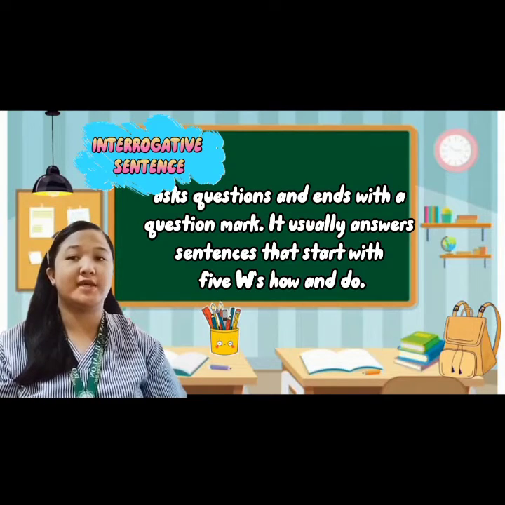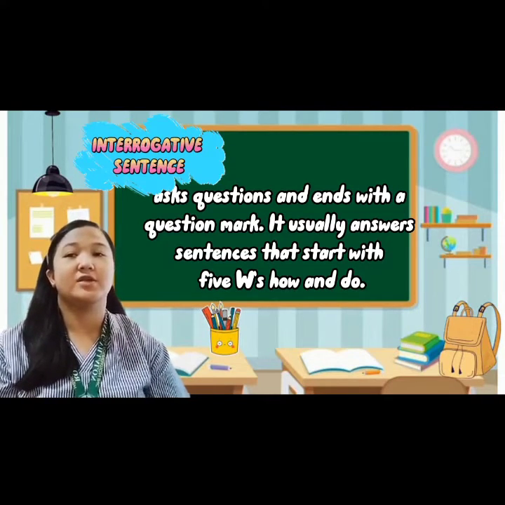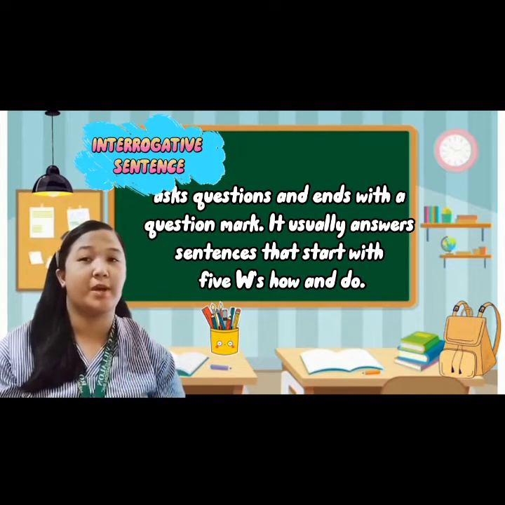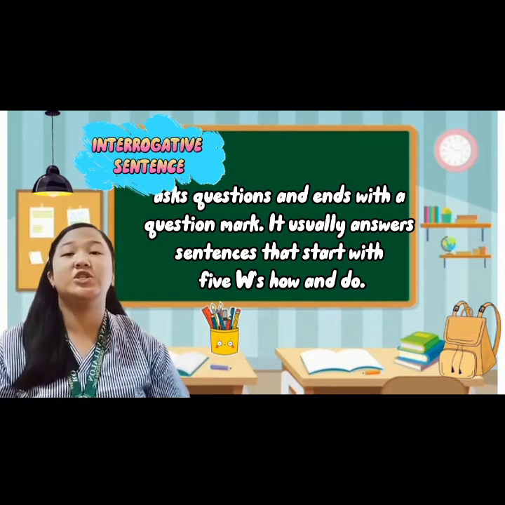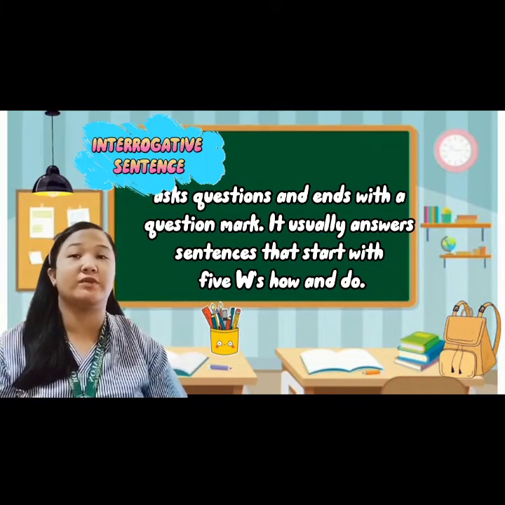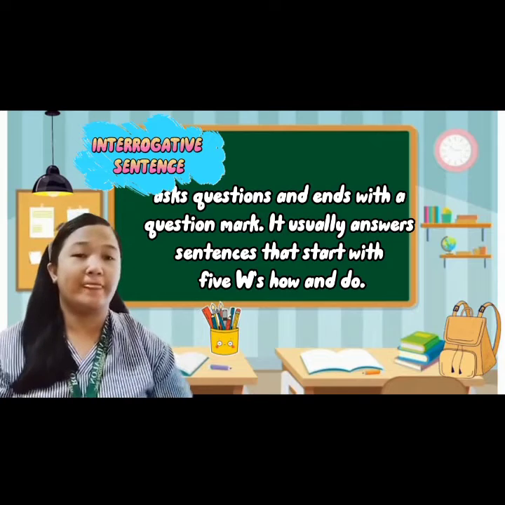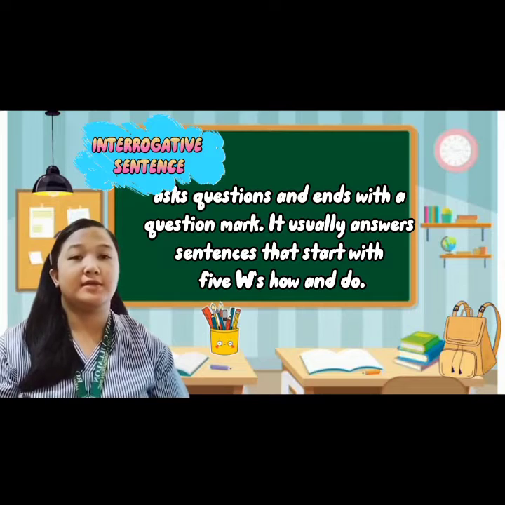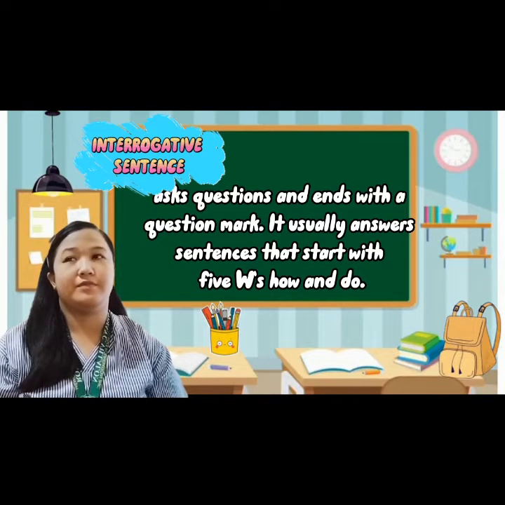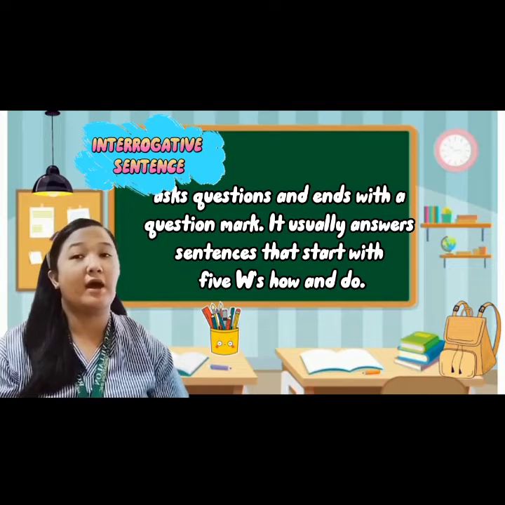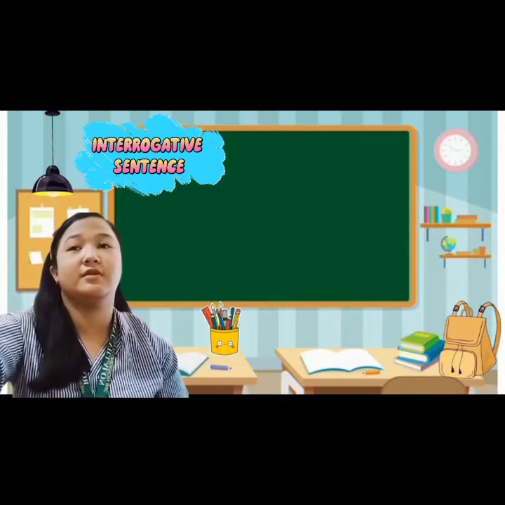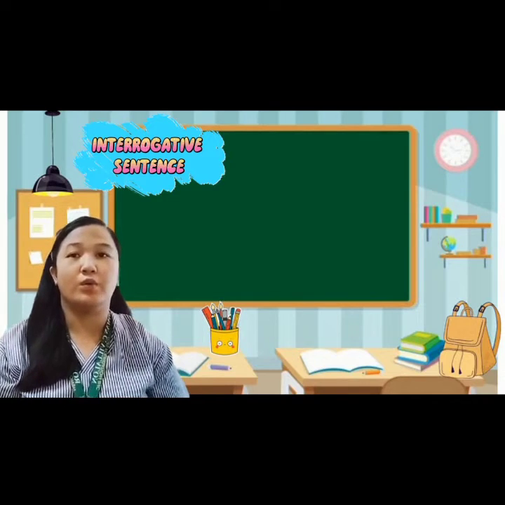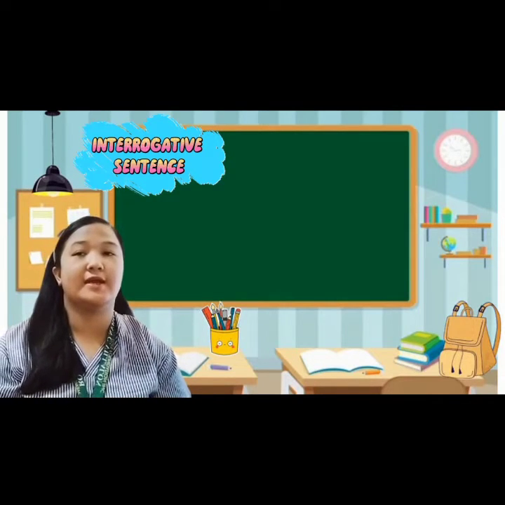Next will be interrogative sentence. Asks questions and ends with the question marks. So, interrogative sentence is kanang mangutana ta, di ba? Kung mangutana ta, naging na siya question mark kay because nangutana man ta. It usually answers sentences that starts with 5 W's. So, the 5 W's is who, what, where, when, why, and how, and do.